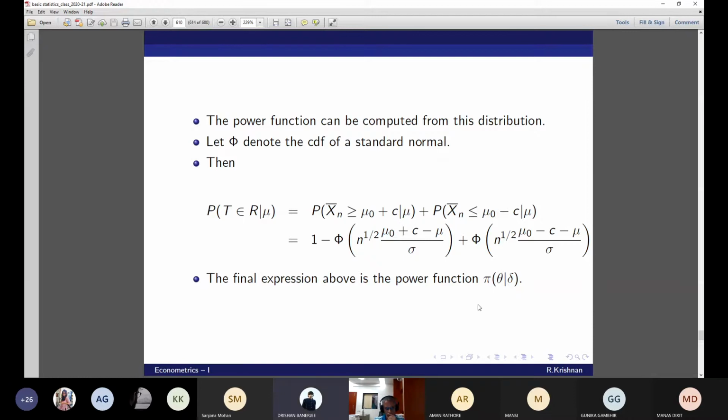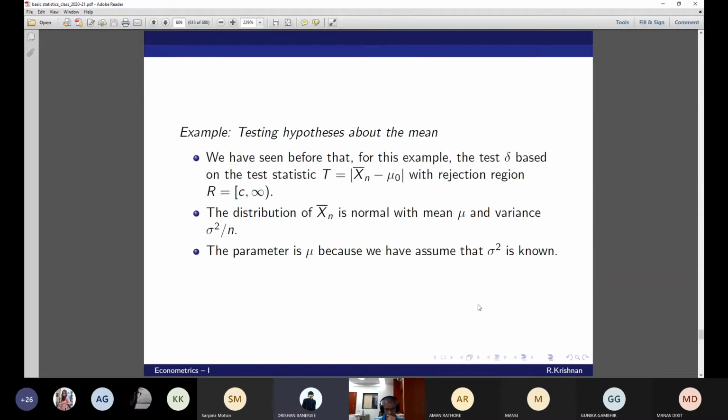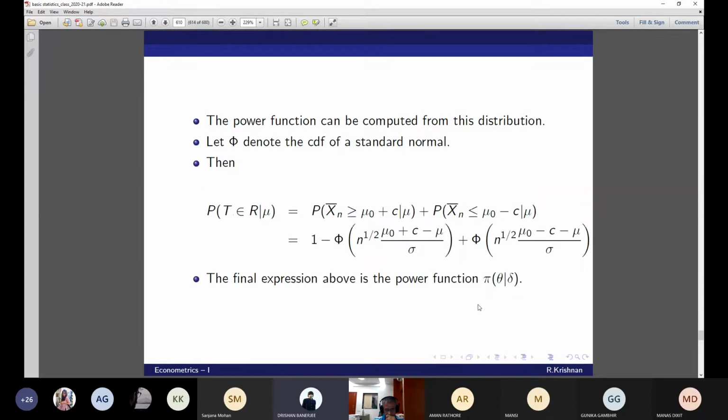Sir, how do we get that 1 minus phi, whatever is in the bracket? What is the formula? How is x bar n distributed? With mean mu and variance sigma square by n. And how can we convert the first equality into the second equality?